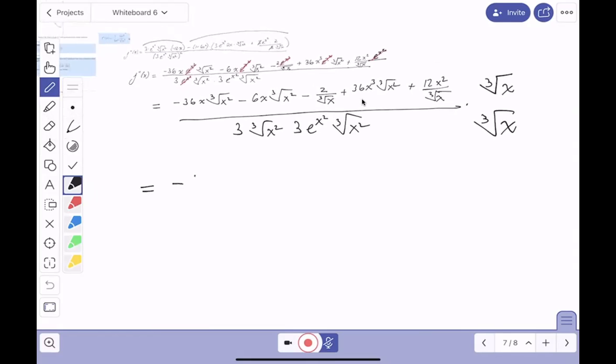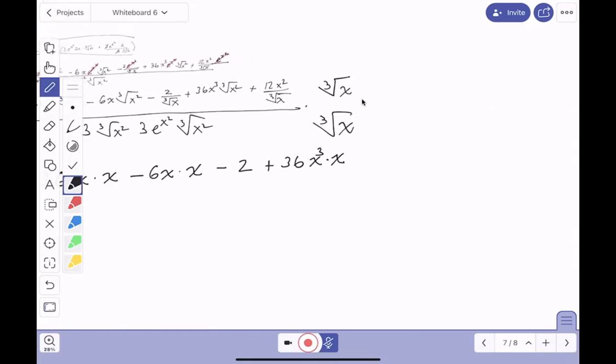So minus 36x cube root of x cubed, which would be x, minus 6x cube root of x cubed, which would be x. Boy, things look like they're working out pretty well. Minus 2 plus 36x cubed, cube root of x cubed, so it's just x, plus 12x squared.